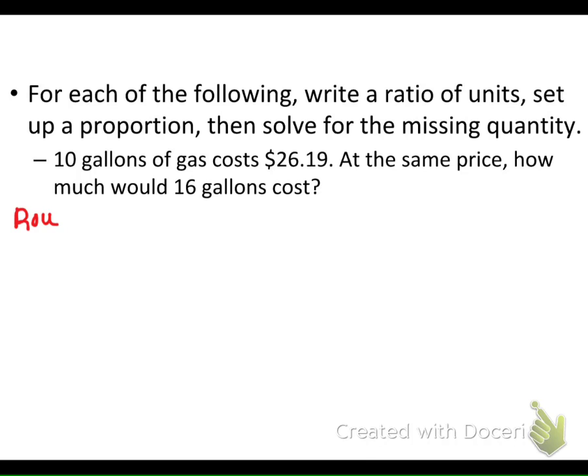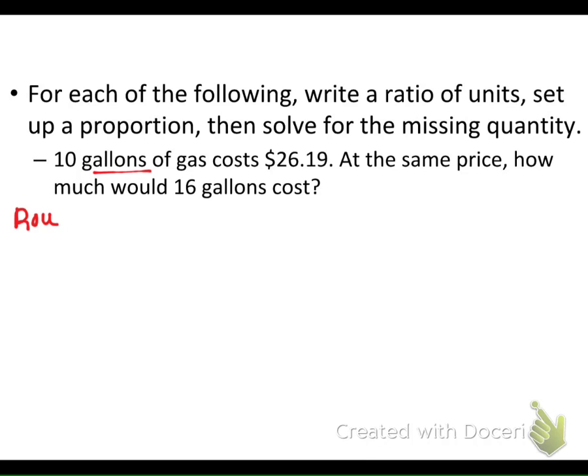So let's read here. 10 gallons of gas costs $26.19. At that same price, how much would 16 gallons cost? So what two things are they talking about? What two units are they comparing? 10 gallons of gas costs $26.19.